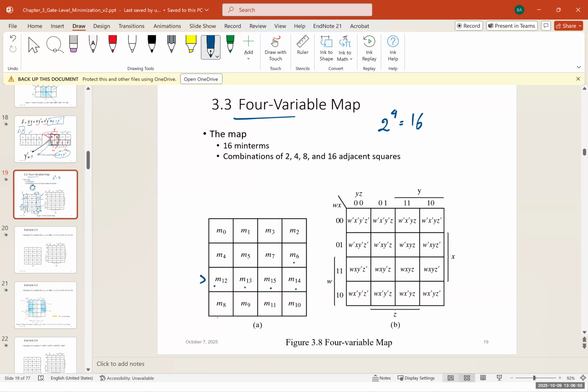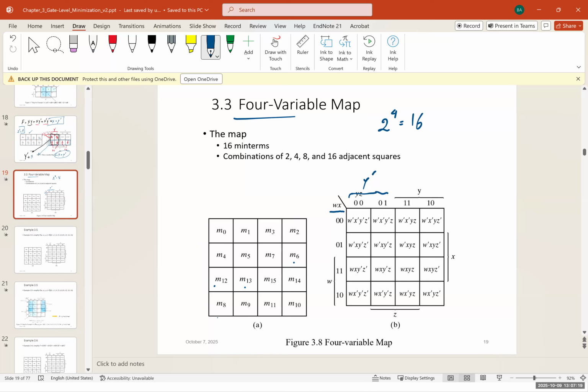Now, to show the variables on the map, very similar to the 3 variable system, if we have W and X on the rows and Y and Z on the columns, the 2 columns on the right are going to be Y, so therefore these would be Y prime.